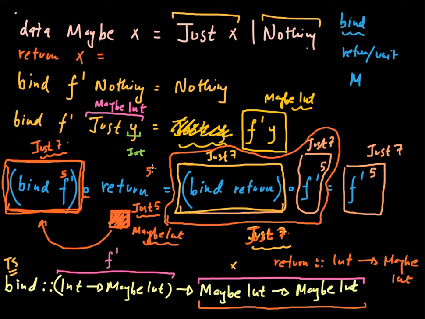Return takes in some value of type integer and gives you back this orange box that happens to be of type maybe integer. That's the type signature. So return x is going to be equal to just of x.